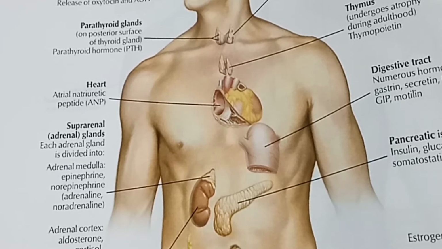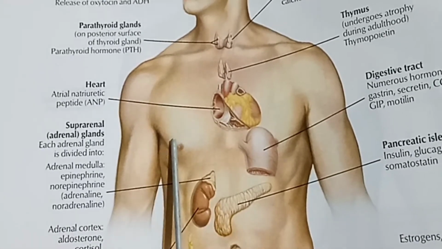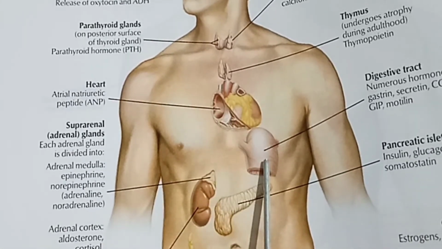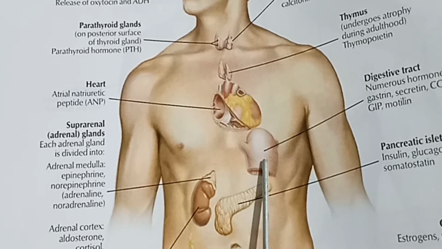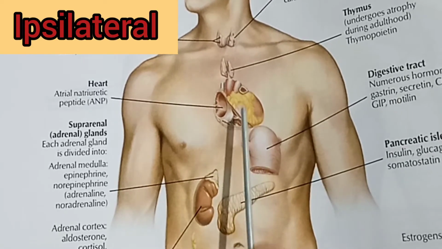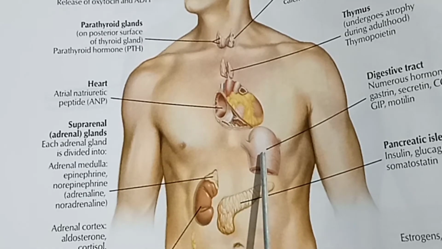When you have two structures in the same side of the body, either in the right side or in the left side, like the heart and the stomach here, you describe their relation as ipsilateral, which means that the two structures lie in the same side of the body.